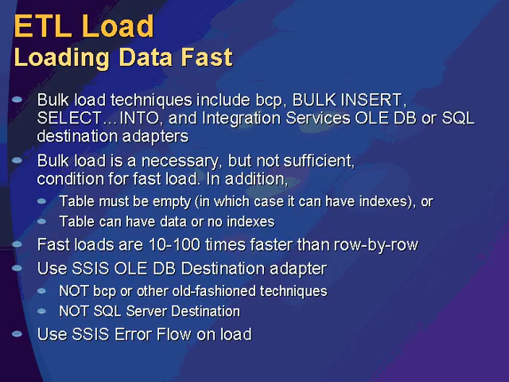But bulk load is a necessary condition, but not a sufficient condition for loading data fast. In addition, in order to get data to load fast, the table has to be empty, in which case it can have indexes on it, or the table can have data in it, but it can't have any indexes on it. And fast load is really exciting and important because it's like 10 to 100 times faster than not fast load. So fast load is really fast compared to not fast.